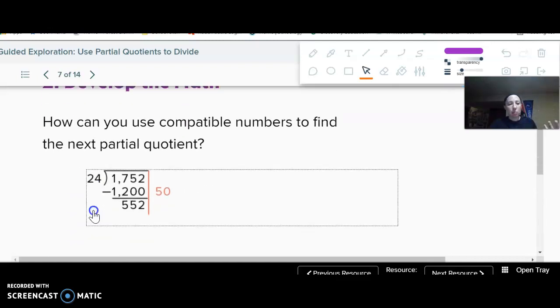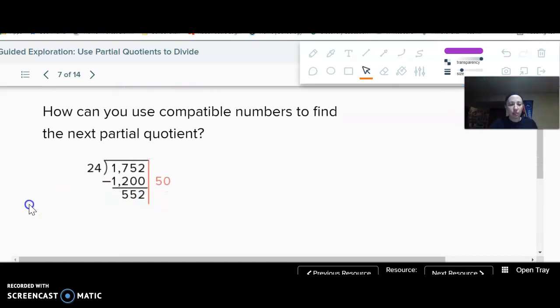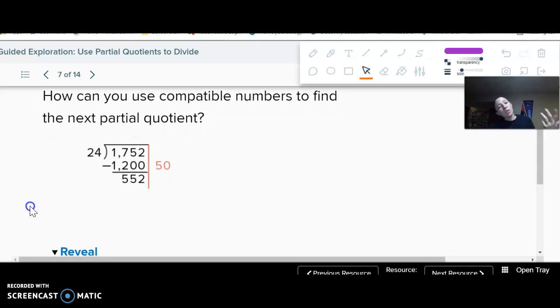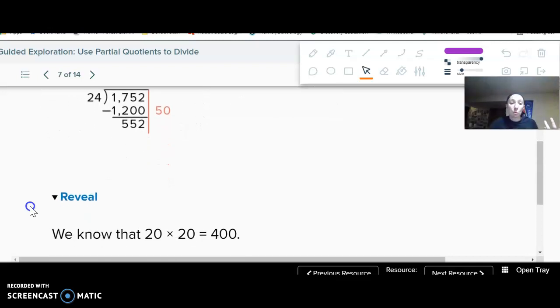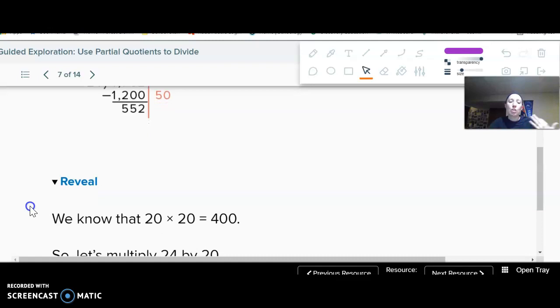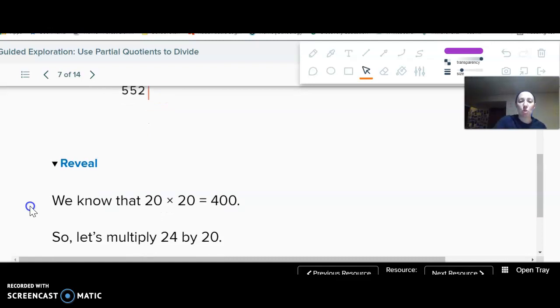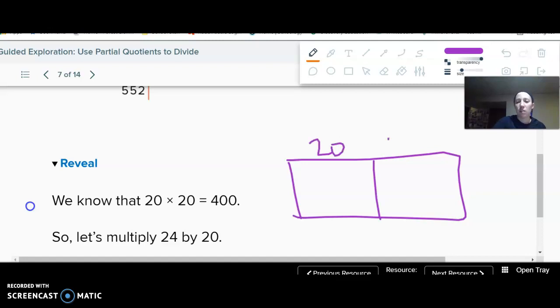So the next compatible numbers, again, I'm trying to get close to 552. Well, 20 times 20 is 400. So if I try 24 times 20, now obviously they've planned it out so they know they'll get close. If you go too big, you know you can't pick a number that big.